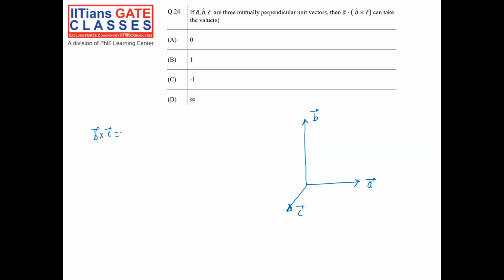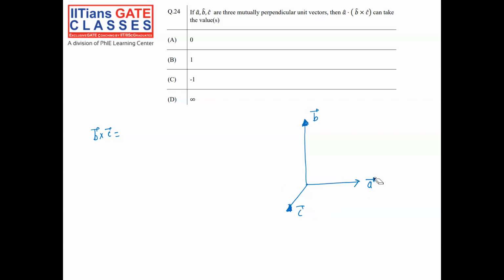So what we'll get is the vector perpendicular to both. If we take a cross product of the unit vector in b bar direction and c bar direction, we will get a unit vector perpendicular to the BC plane. So it will be either along a bar in the positive direction or negative direction.